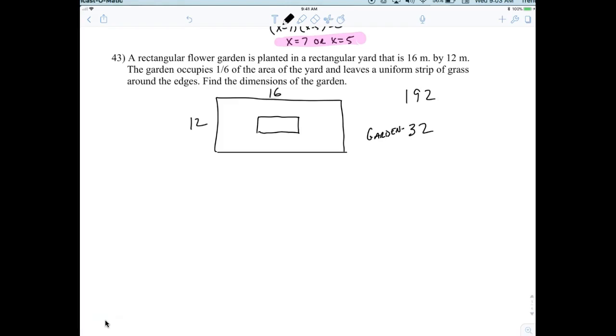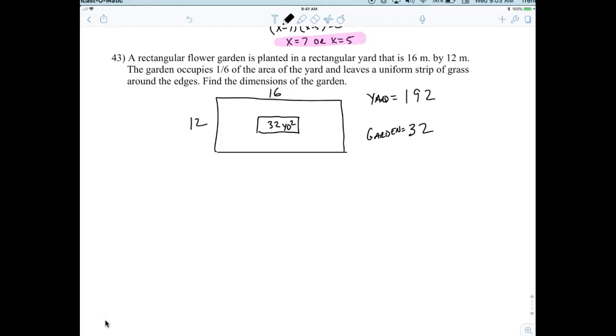The garden is equal to 32, and the yard is equal to 192. Because 1/6, if I take 192 and divide it by 6, that's 32. So I could just say that area is 32 square yards.